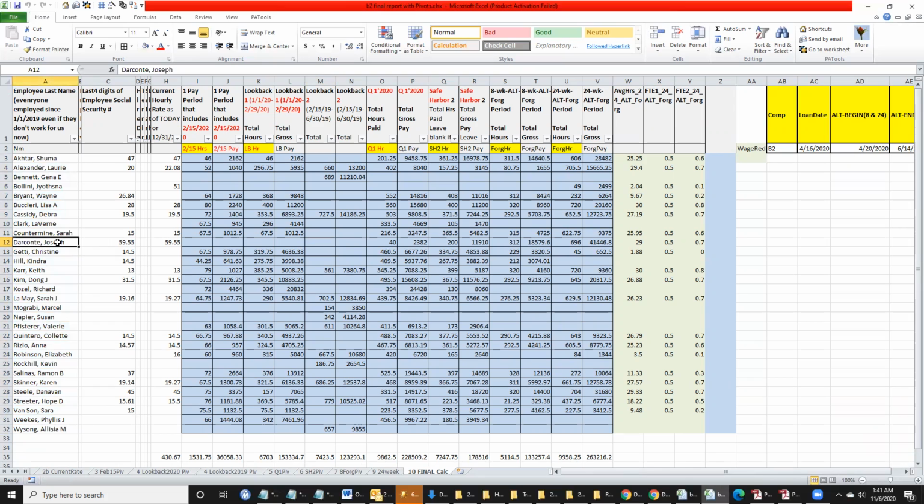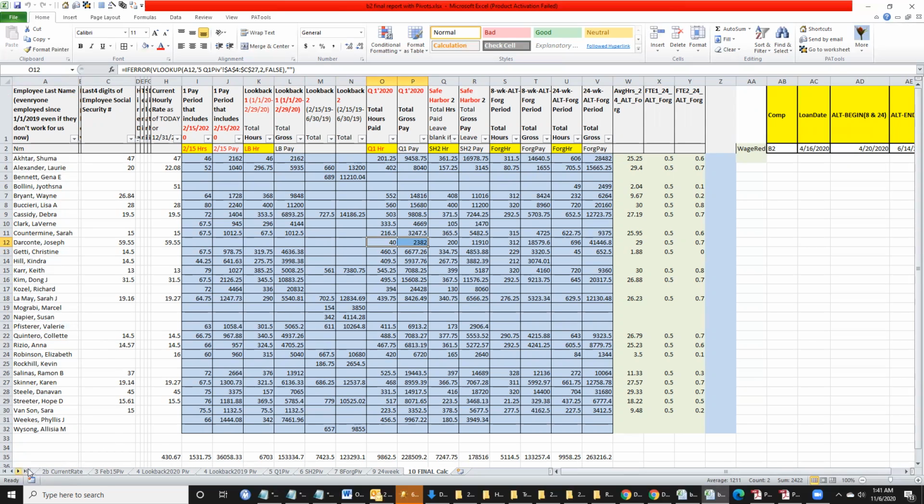Like this employee Joseph, this is blank. By the way, you can copy my formulas that I've done. You can use those, but essentially what I'm saying is Joseph Darcanti did not work the week of the February 15th period. And if you notice, there's a lot of blank. But he did work in quarter one, which to me means the person started after February 15th.